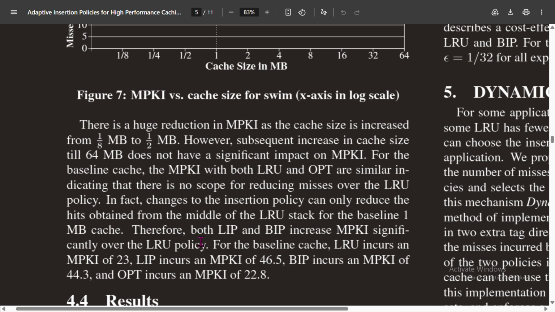Therefore, both LIP and BIP increase MPKI significantly over the LRU policy for the baseline cache. LRU incurs an MPKI of 23, LIP incurs an MPKI of 46.5, BIP incurs an MPKI of 44.3, and OPT incurs an MPKI of 22.8. So here the LRU is much closer to the OPT.